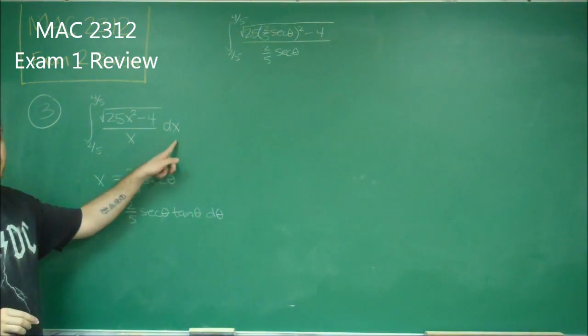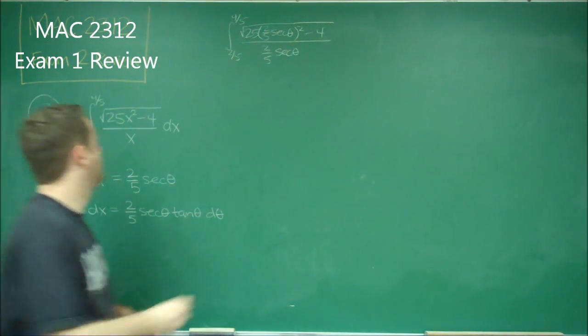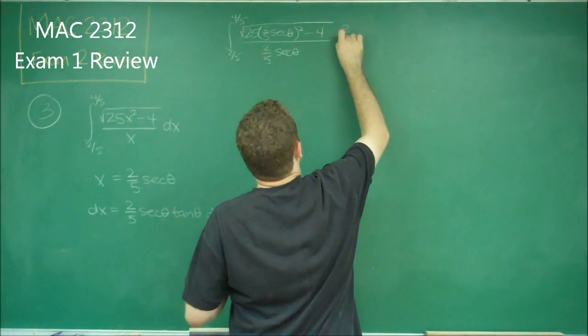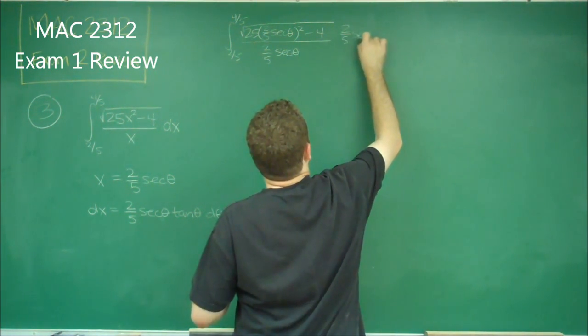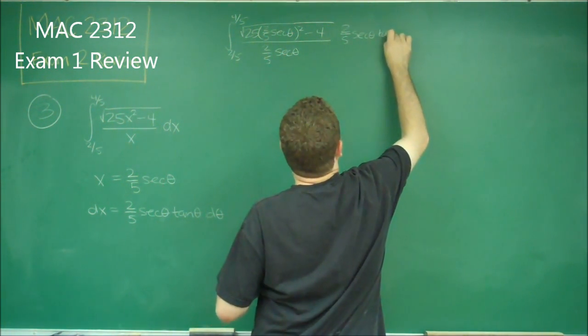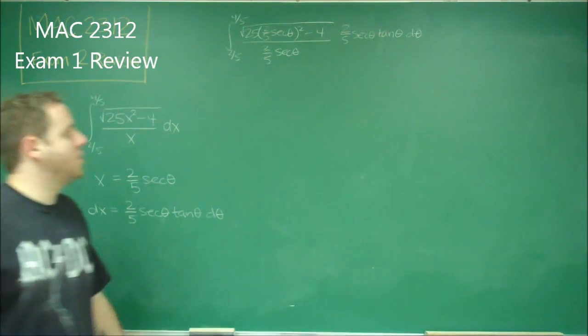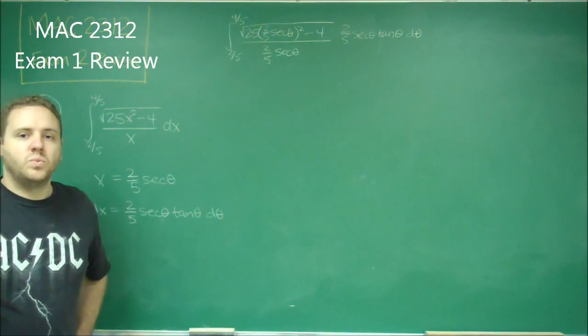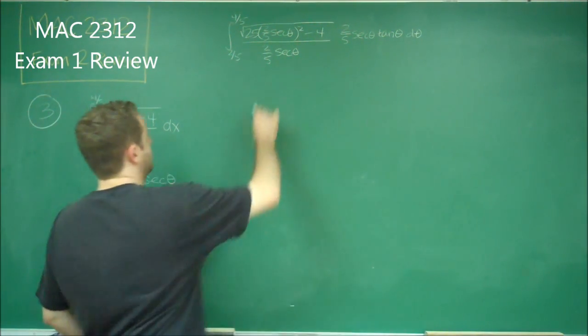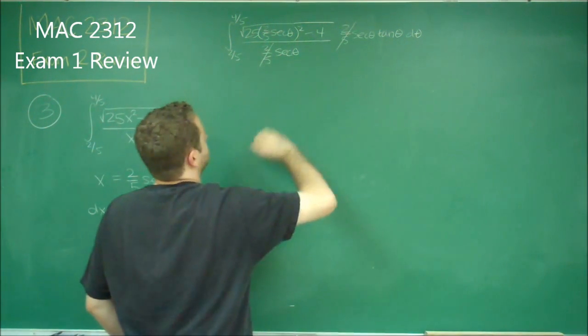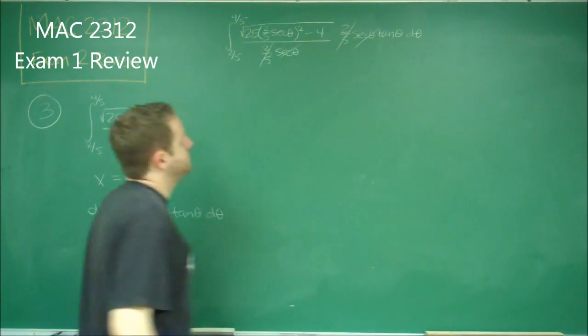And instead of dx, we have all of this. So we get 2/5 secant theta, tan theta, d theta. So our integral is pretty long right now, but as you can see, we get a decent amount of stuff canceling out here. 2/5 is in the top and the bottom. Secant theta is in the top and the bottom. So that all goes away.